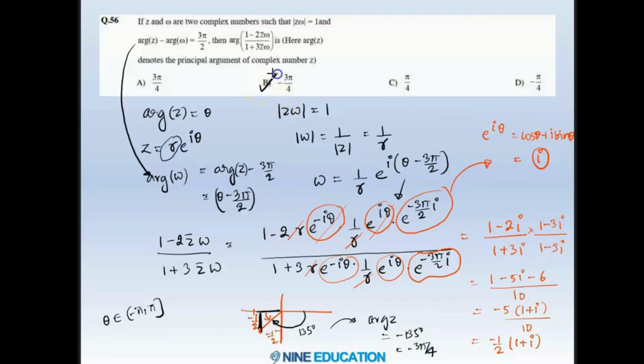Question number 57 is, if alpha and beta are the roots of the equation (k plus 1) tan square x minus root 2 lambda tan x plus (k minus 1) equal to 0, and tan square (alpha plus beta) is 50, find lambda. If you see, this is a quadratic in tan x. So when I put alpha and beta in place of x, the roots are effectively tan alpha and tan beta.